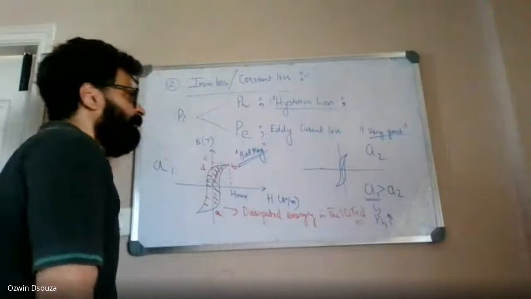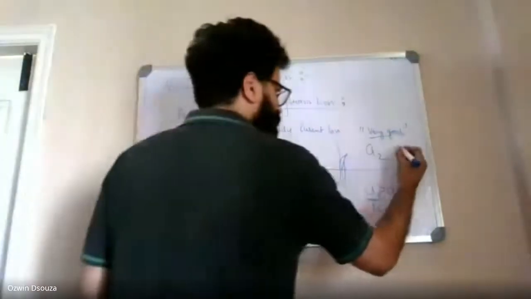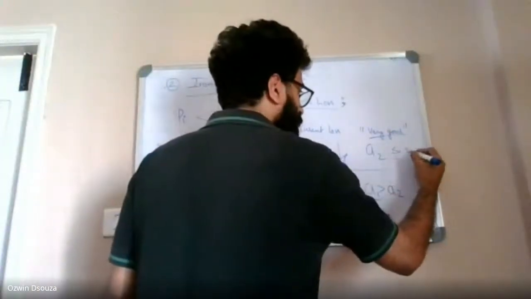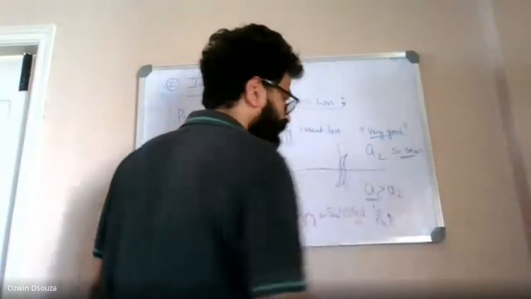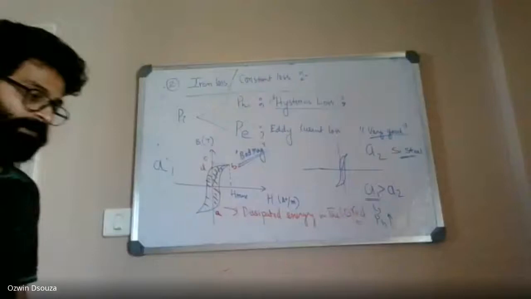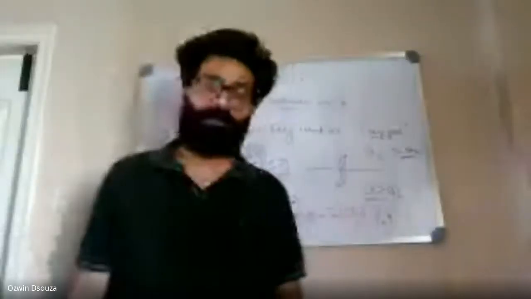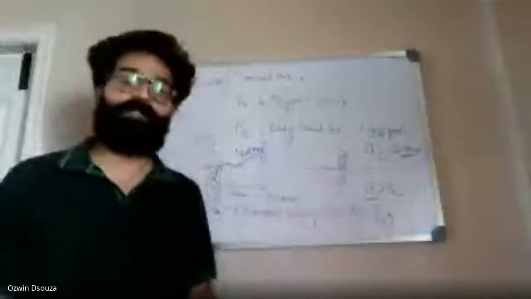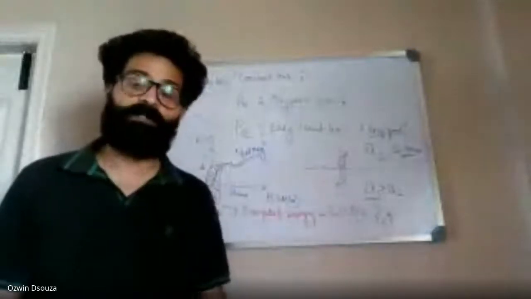So that is the reason we select silicon steel. If you look at the relative permeability, for example, copper. Copper is a very good conductor, right? Because resistance is very, very low. But copper cannot be used to construct magnetic material.